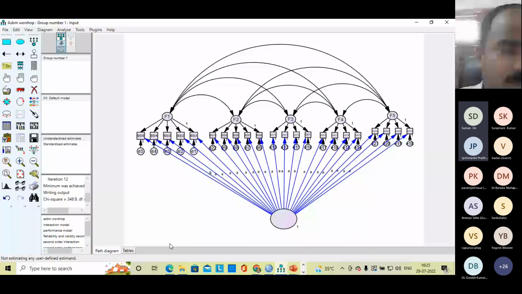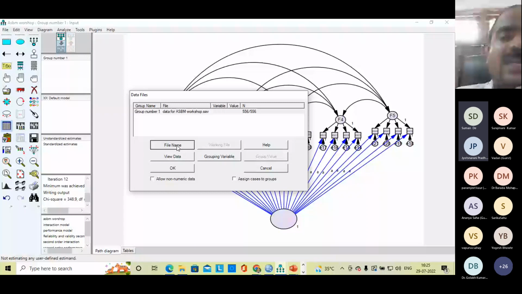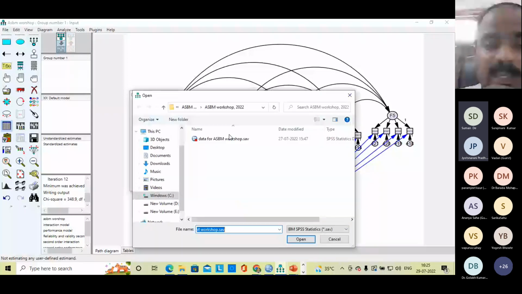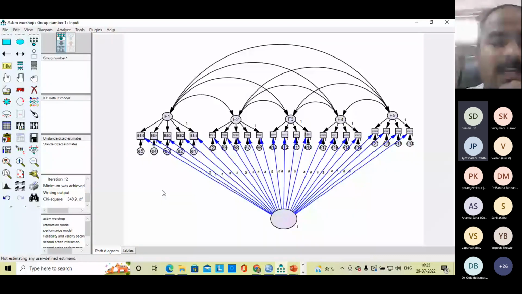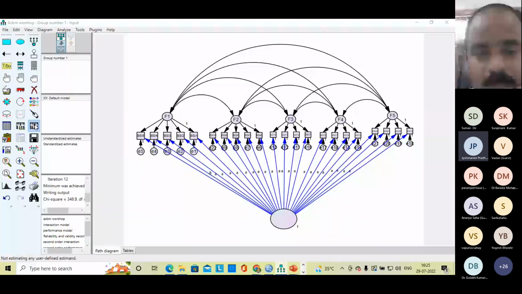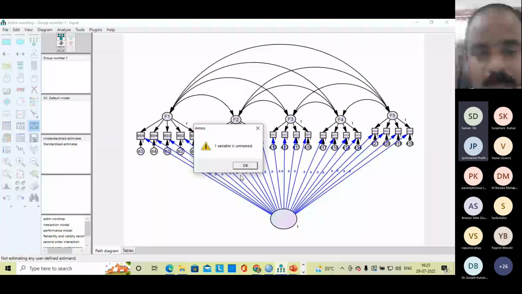The same procedure: I need to give the data set, that particular SPSS data sheet, to AMOS. Now AMOS is ready. Now calculate the estimate. One variable is unnamed. Oh, sorry. This variable has not been named.